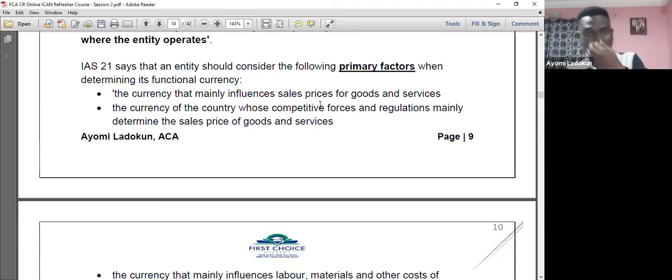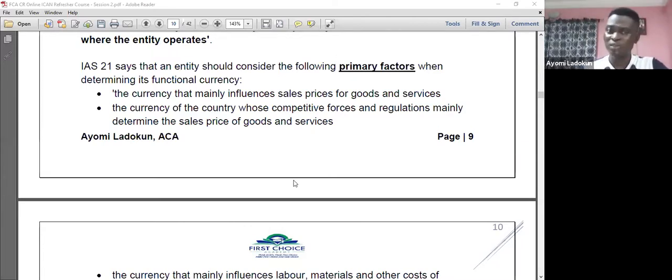Number two, the currency of the country whose competitive forces and regulations mainly influence the sales price of goods and services. When you say competitive forces, what does that mean? The forces of demand and supply and regulation, like CBN rules and all of that, mainly determine the sales price of goods and services.